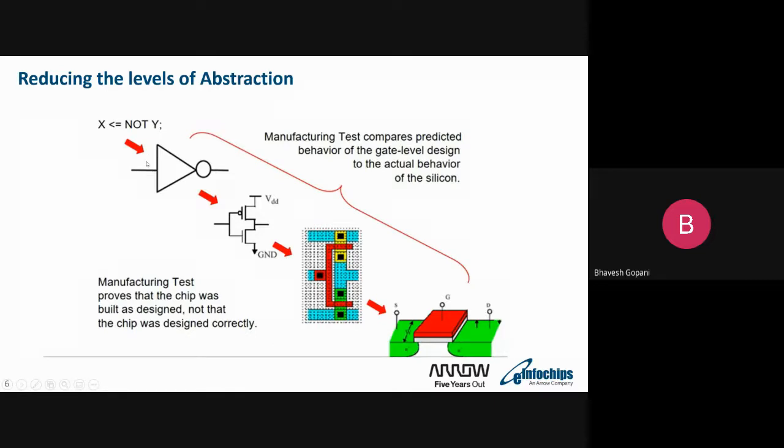If I want to test this NOT gate, I need to put 1 here and I'm expecting 0 here. But due to manufacturing, suppose this node is stuck at 0. Then it will always give 1, irrespective of whether I put 1 here, it will give output 1 only.